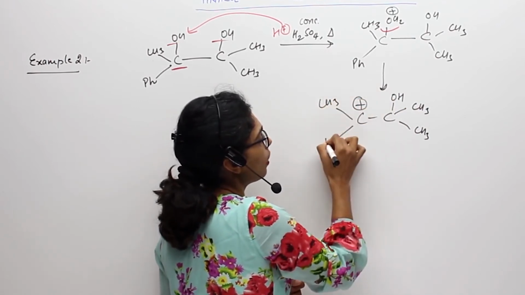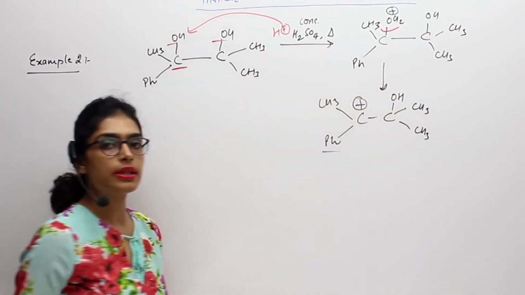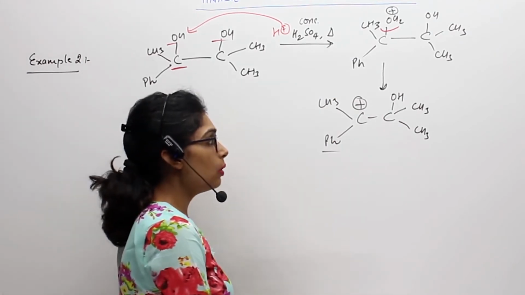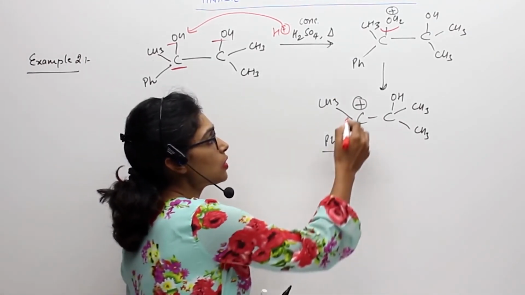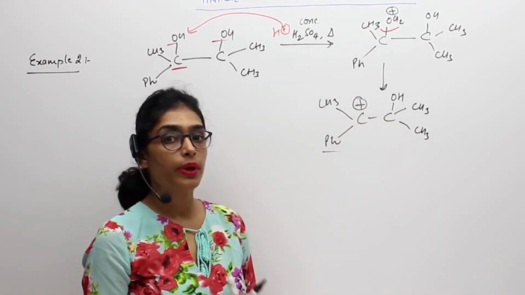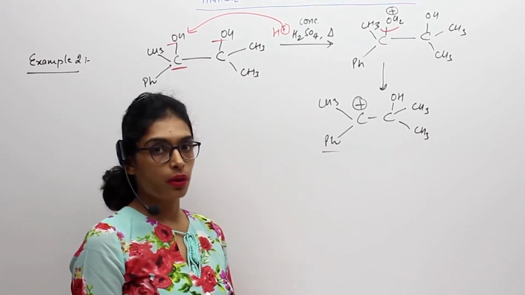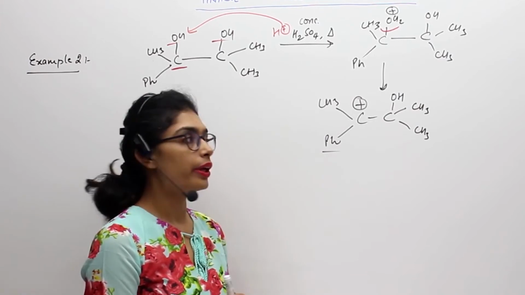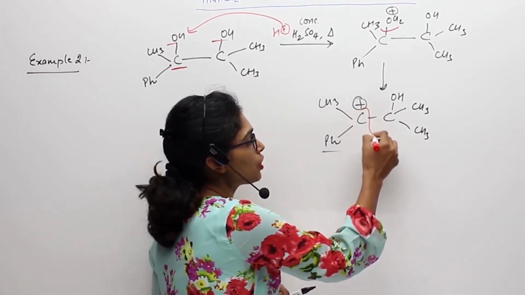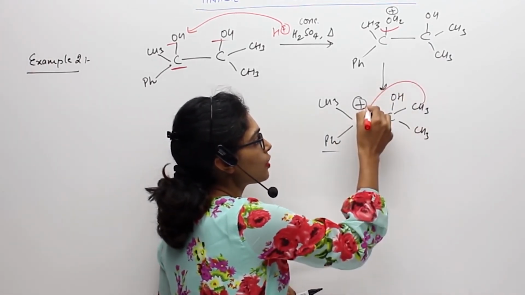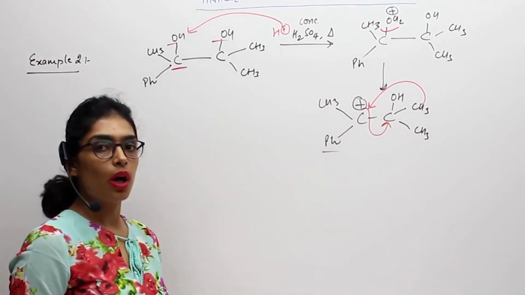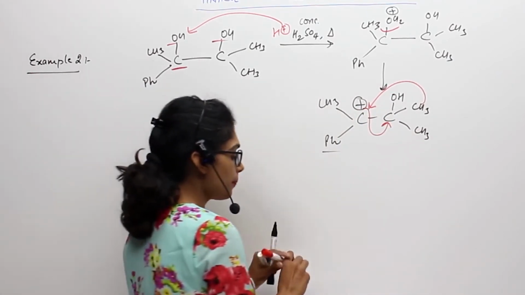This carbocation has resonance stability from the benzene ring. Now, as we have already discussed, this plus charge will go to the place where OH is present, so that it can get the mesomeric stability, or plus M stability, of that OH and can form a ketone later on. So this plus charge will shift over here and CH3 will shift over here.